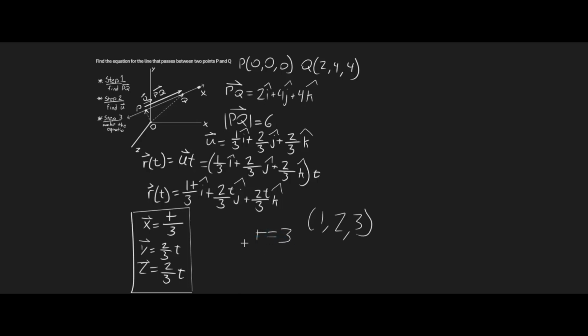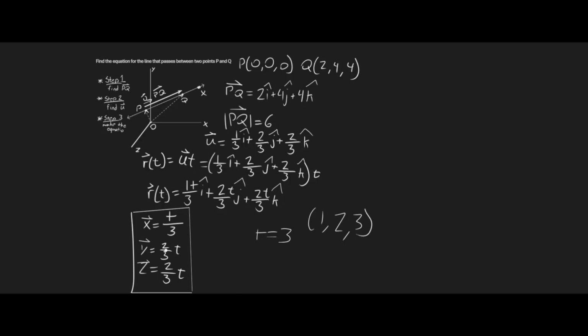Now that we have t, we plug t into these equations to test whether these y and z values fall on the line. I'll show you what I mean. We're going to plug in t for the y equation.